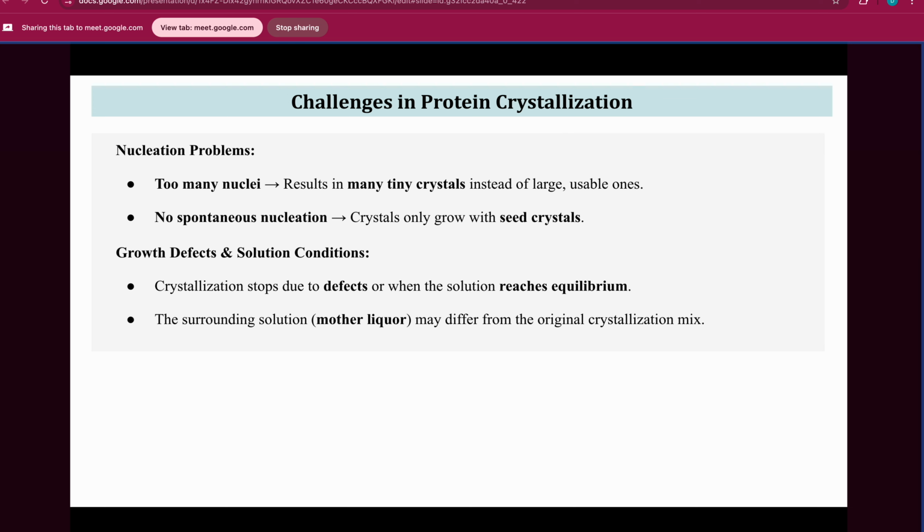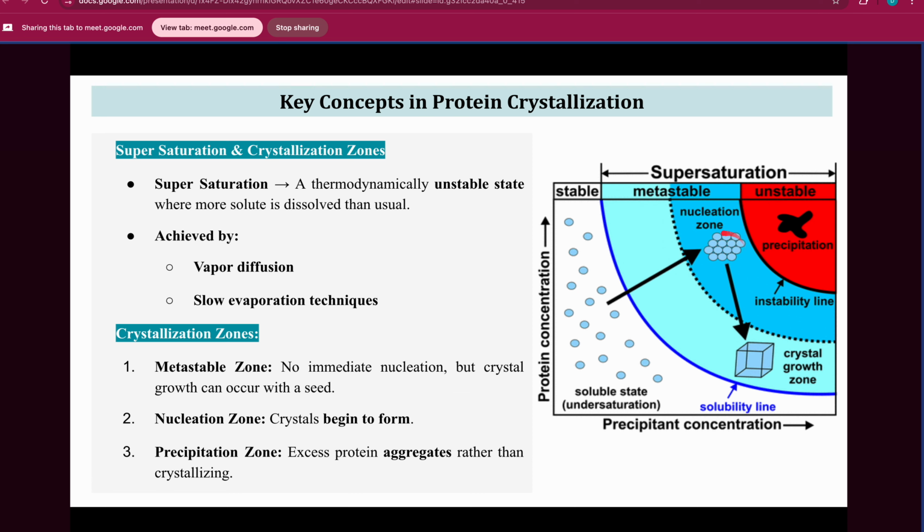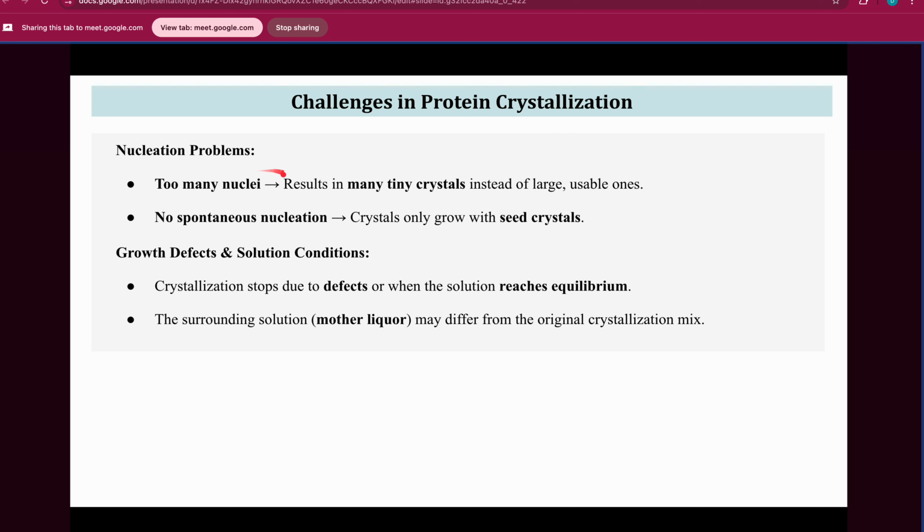Now there are multiple challenges which someone faces when they crystallize proteins. One such problem is the nucleation problem. Nucleation problem means if you have too many nuclei, that means you have many tiny crystals. Instead of obtaining one large crystal, you have multiple tiny crystals, so you won't be able to get a single proper large crystal. Then there is no spontaneous nucleation.